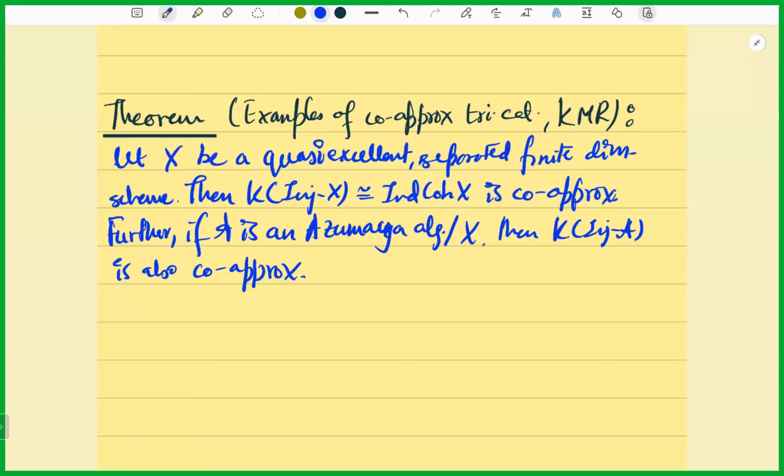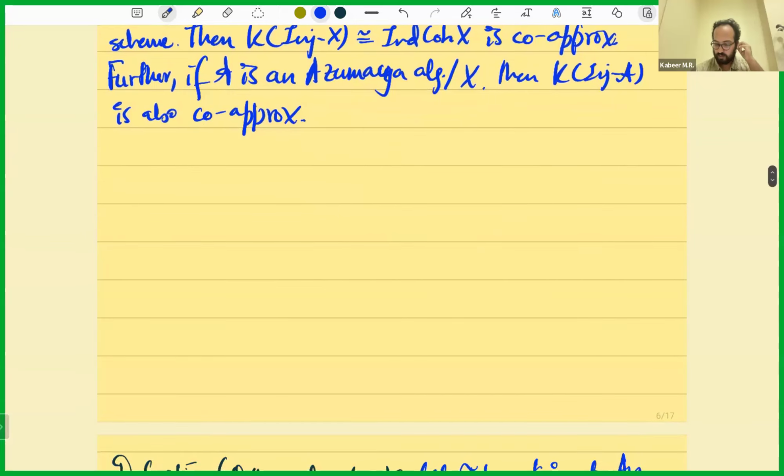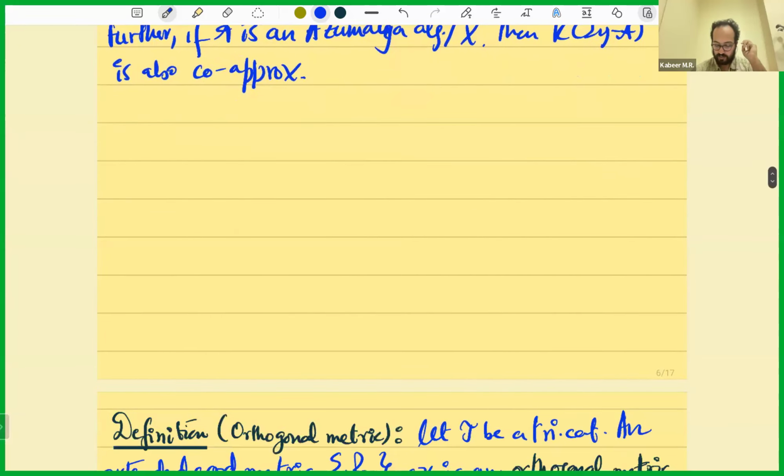Although quasi-excellent does not imply regular, and regular does not imply quasi-excellent, regular is also enough for this theorem. I just didn't state it because there the homotopy category of injectives agrees with the derived category of quasi-coherent sheaves, so it sort of becomes less interesting. Okay, thank you.